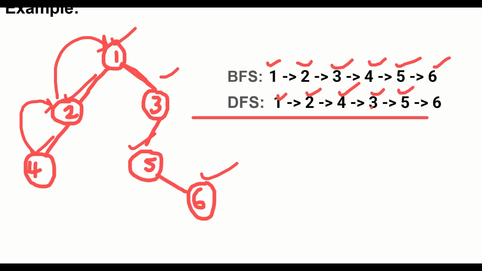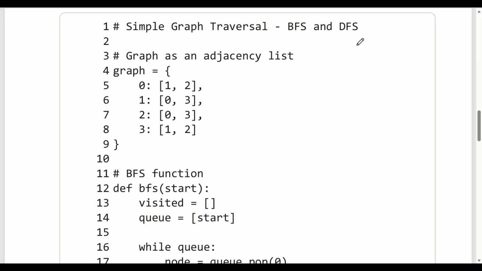Now let us see the code part of this. Okay, let me open it. What is the adjacency list? Given this is 0, this is 1 and this is 2, I want to find the adjacency of this graph. You know that adjacency has a matrix and also an edge list. What does the edge list say? What each node is connected to. So 0 is connected to 1 and 2.